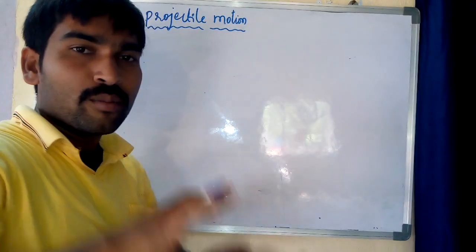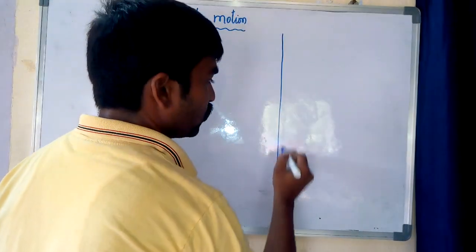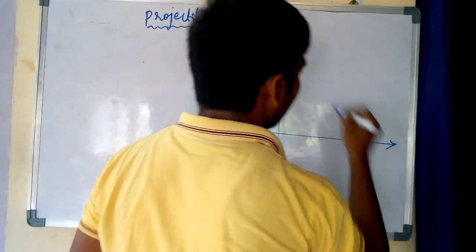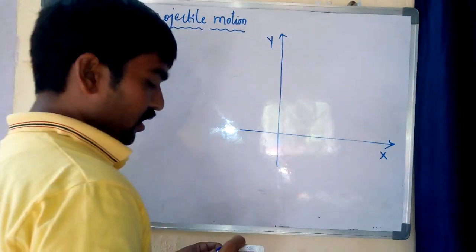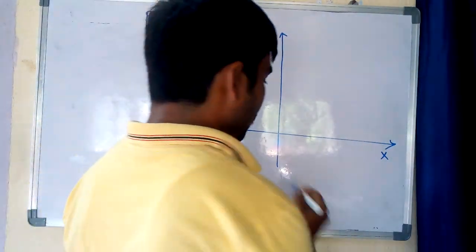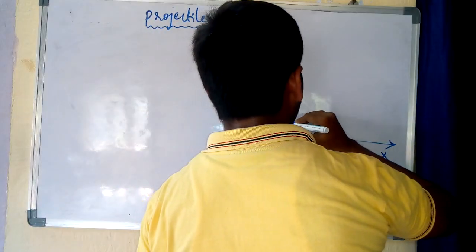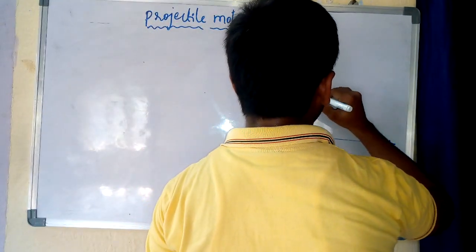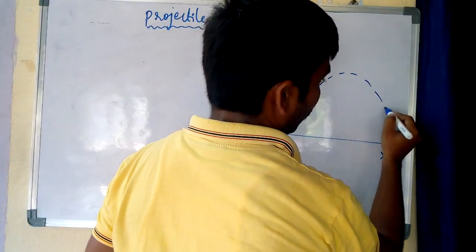This is projectile motion based on two dimensions. This is along the x direction and this is along the y direction. A batsman hits like this. It will move in this way, reach the maximum height, and fall down like this.